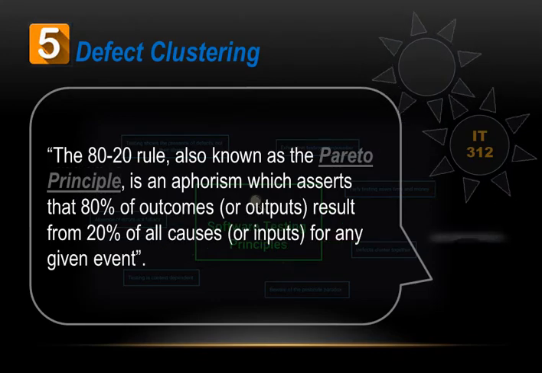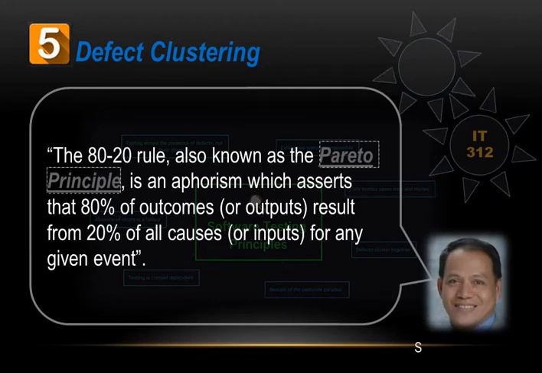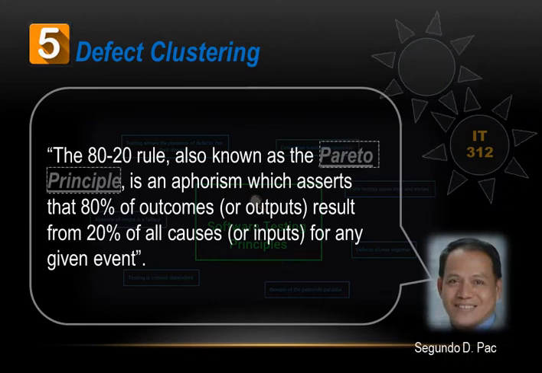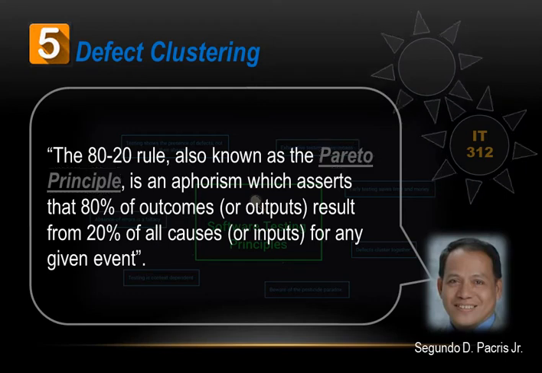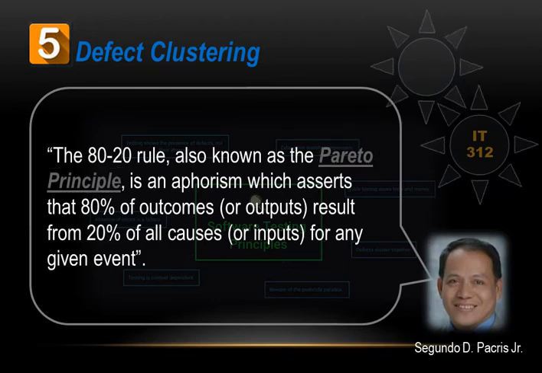Under defect clustering, the 80-20 rule, also known as the Pareto principle, is an aphorism which asserts that 80% of outcomes or outputs result from 20% of all causes or inputs for any given event.